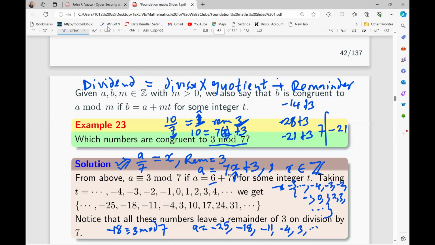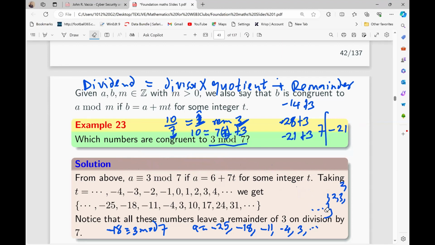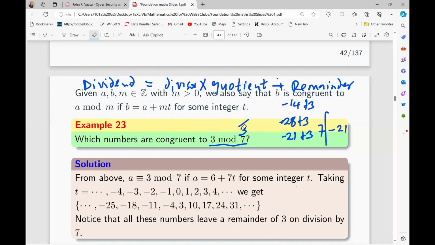So again, I think I've emphasized the point of congruence. When do we say that numbers are congruent to each other? We say they're congruent if their difference is divisible by the mod.